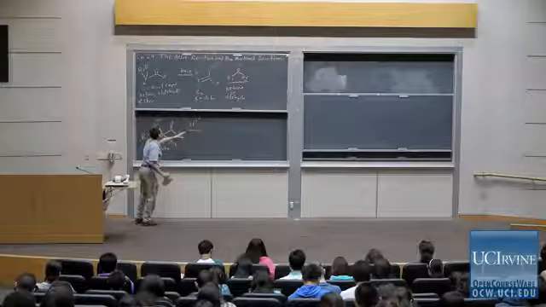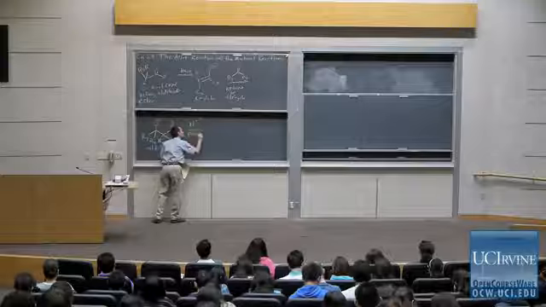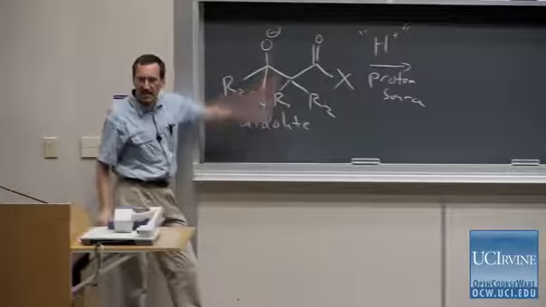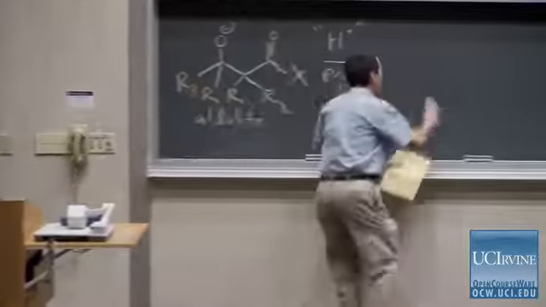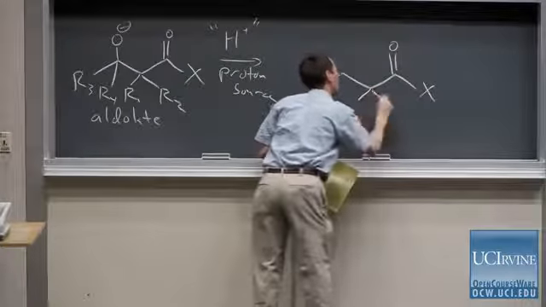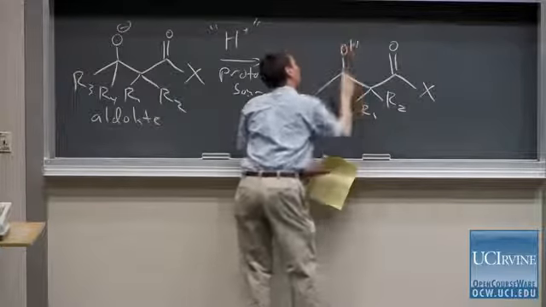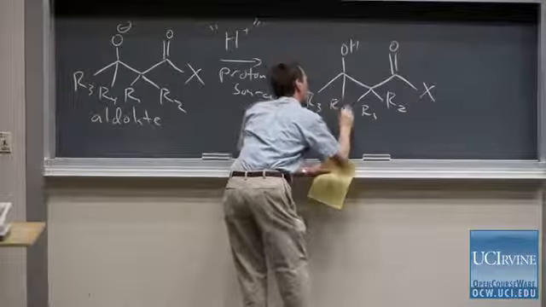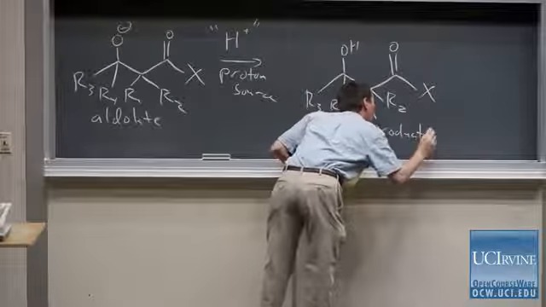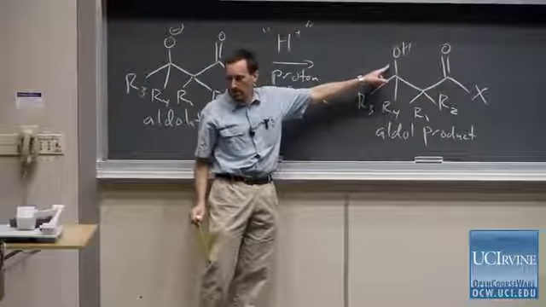But whatever your proton source is, we protonate the oxyanion of the aldolate, and the overall result is an aldol product, and you can recognize an aldol product because it's a beta hydroxycarbonyl compound.